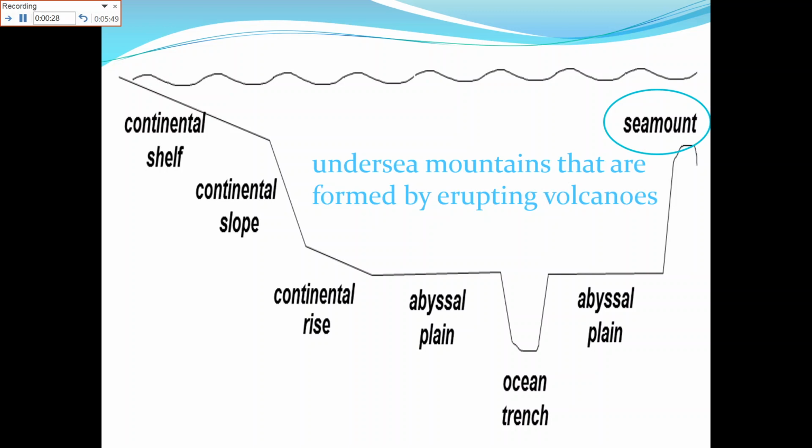Yeah, and remember, when they get tall enough and they reach out of the ocean, then poof, they magically change from seamounts to islands, like the Hawaiian Islands. And yes, they are covered with sediment, sand, rock, mud, and organic material.